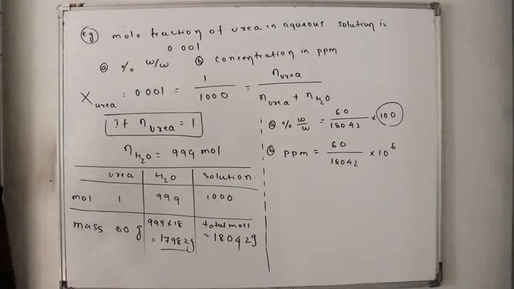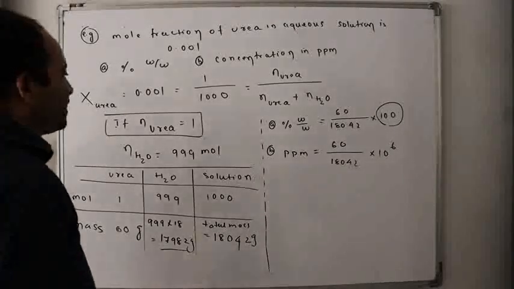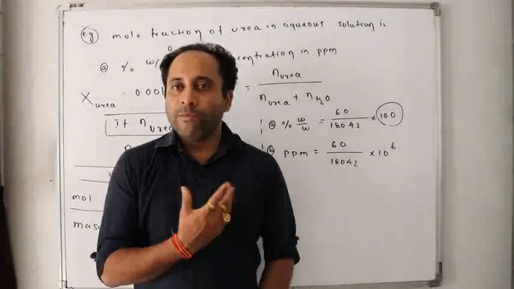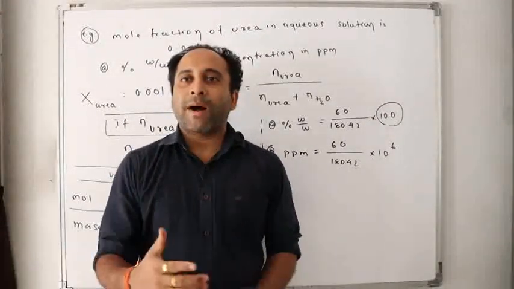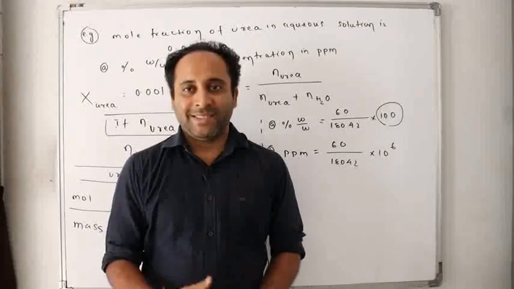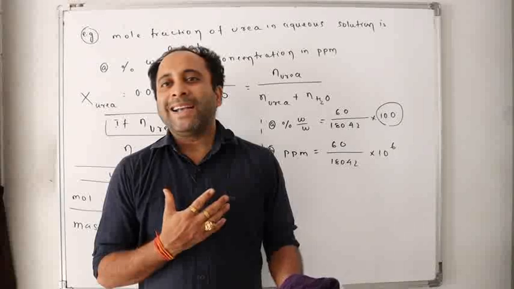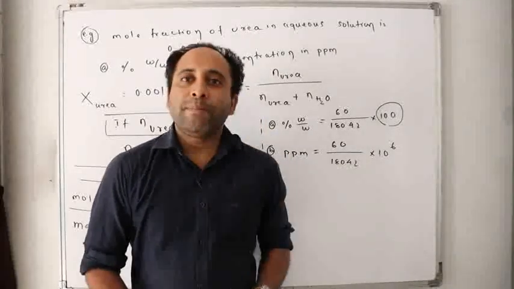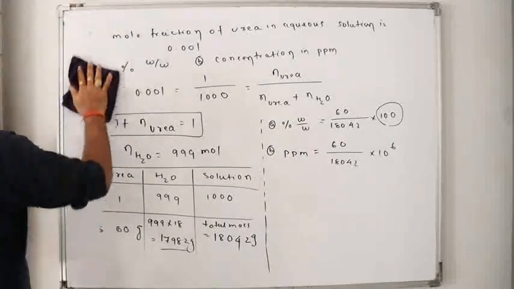Sure. Now let me tell you about the next way of expressing the concentration, that is ppb. ppm was what? Parts per million. What is ppb? It's parts per billion. It is again one way of expressing the concentration of very dilute solutions. Okay, so let us go for the next discussion, that is ppb.